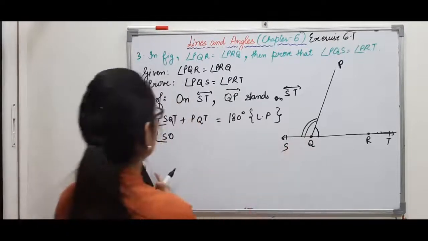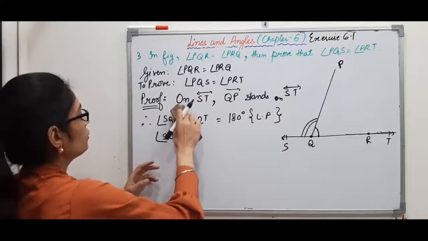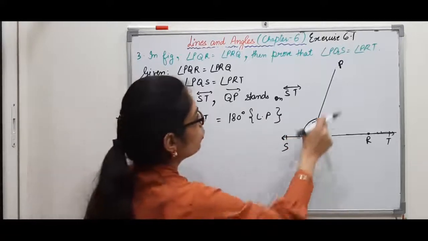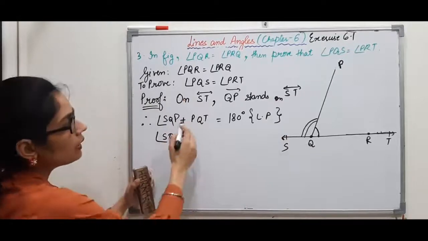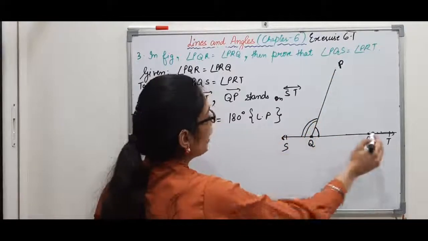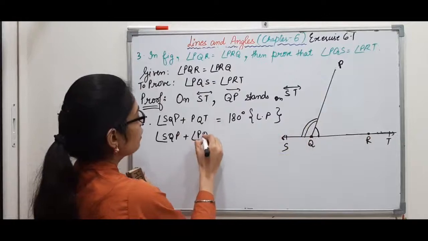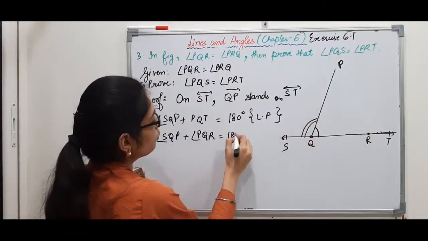Sorry, SQP it is, not T. So angle SQP plus PQT; PQR I will write. PQR is equal to 180 degrees.